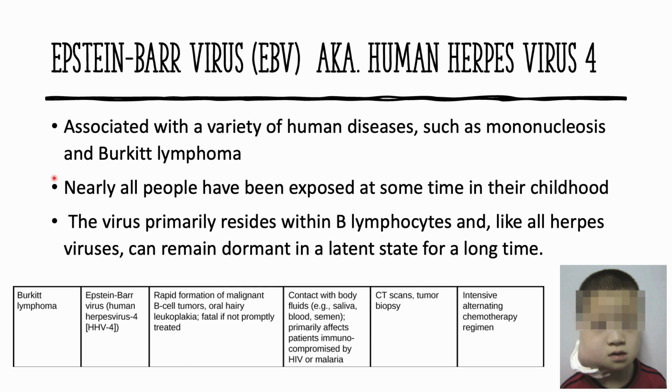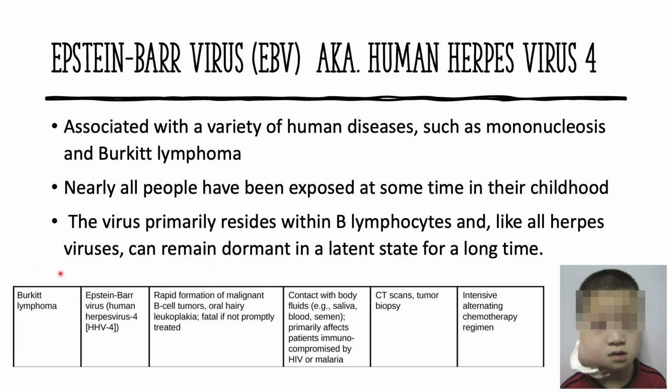Since it is a herpes virus, it does lay dormant in cells, and then some external factor can induce that virus to start replicating and cause an active infection and infect other cells. So this virus is going to reside within B lymphocytes, or B cells. So that's the type of cell that it is infecting. And like I said, since it's a herpes virus, it does remain dormant in a latent state for a long period of time until it's activated.